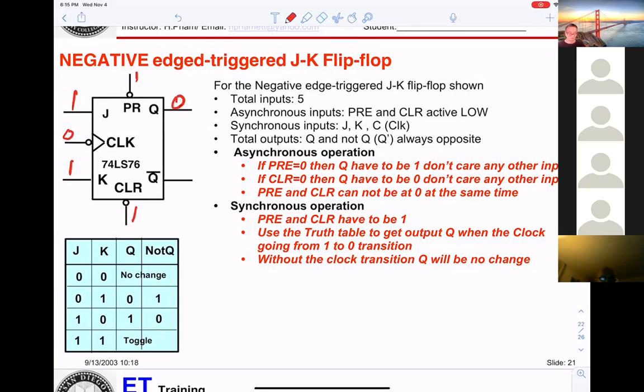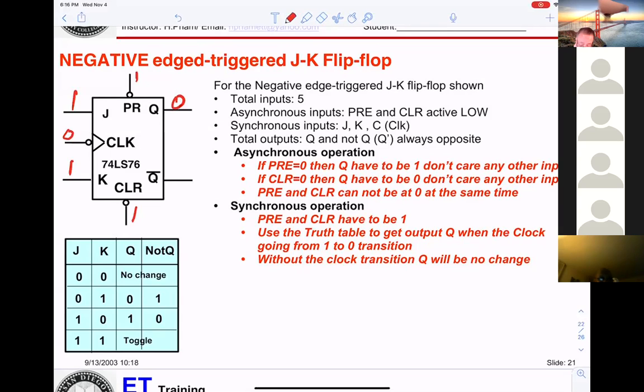No change. Perfect. That means you're only looking into the truth table to find what Q equals when you get the clock going 1 to 0. If you don't have any transition from 1 to 0, never look into the truth table. Output has to be no change.